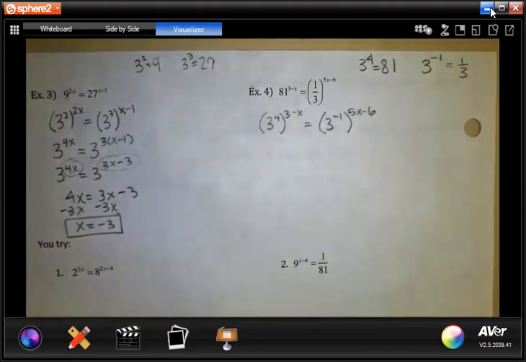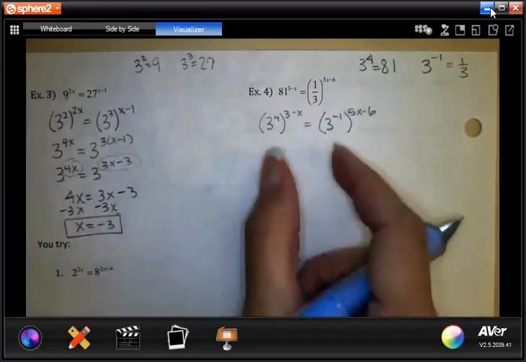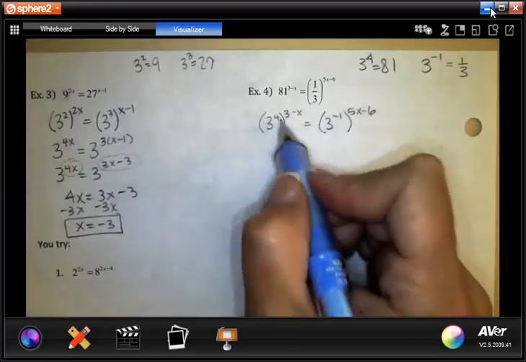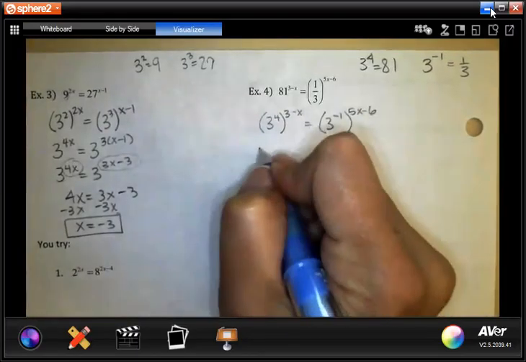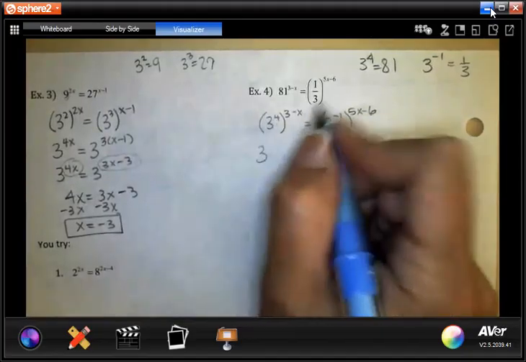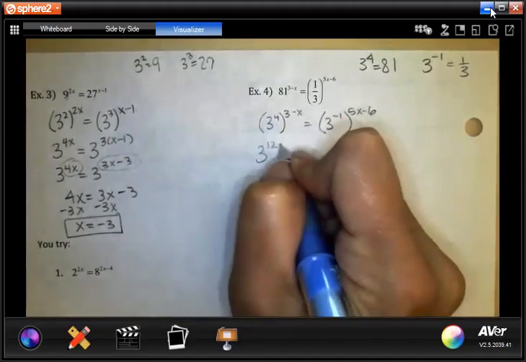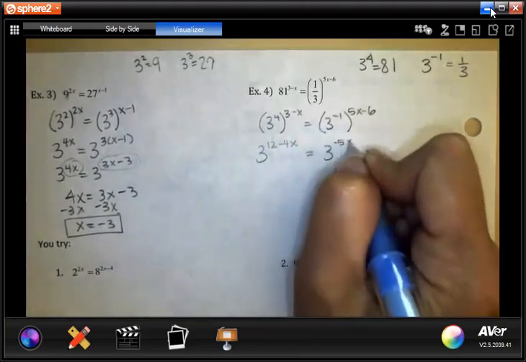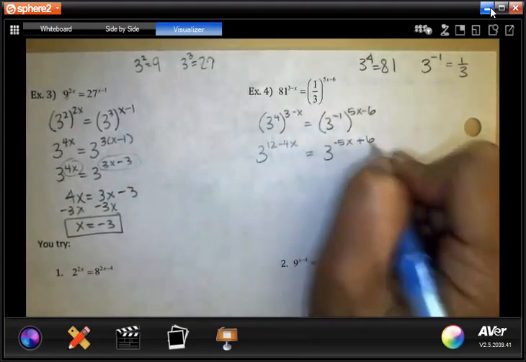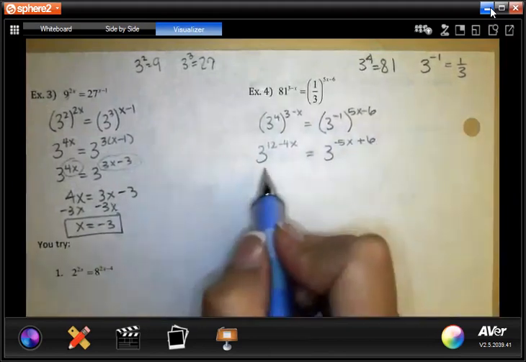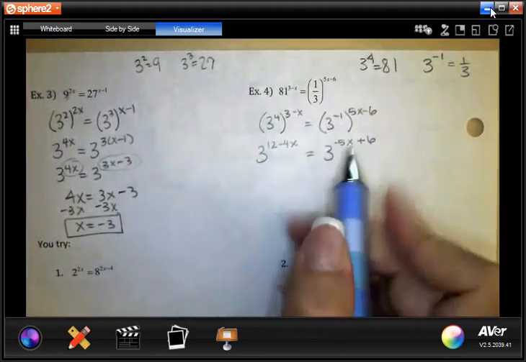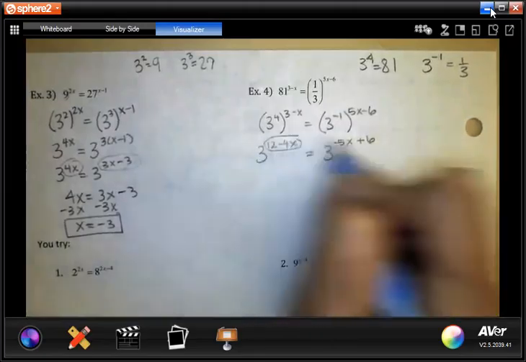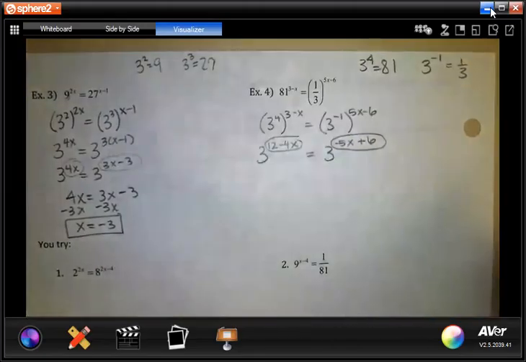That part gets tricky. You have to have that number sense, and as you practice, you'll get better at those to make sure that you get those same bases. Once you have the same bases, that's the easier part. Power to a power tells us to multiply. Remember, we do have to distribute that all the way through, so that'd be 12 minus 4x. And again here, we distribute, and we get negative 5x plus 6. Once they have the same exact base, we're taking this and setting it equal to this one.